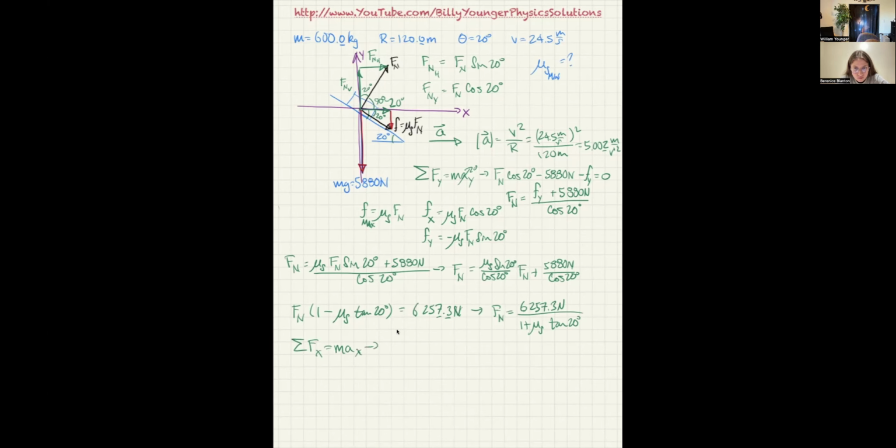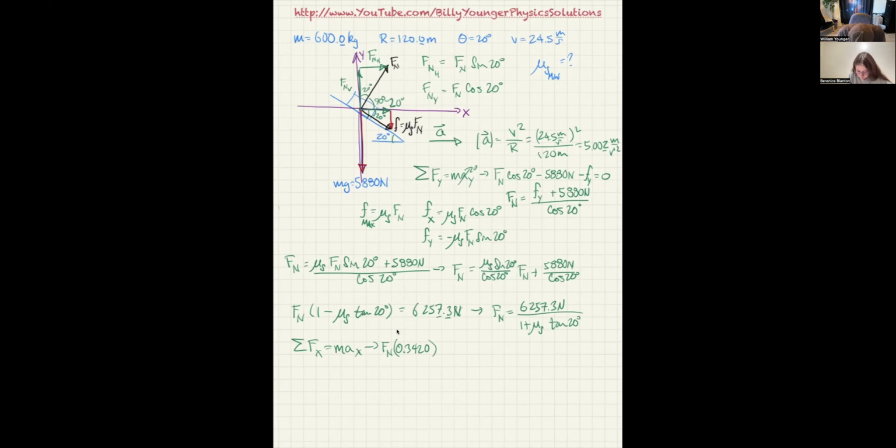The forces in the x direction, of course, are Fn times the sine of 20, and that's 0.3420. So I'm going to say Fn times 0.3420. That's my sine 20. I also have the friction force times the cosine of 20, and cosine of 20 is 0.9397.